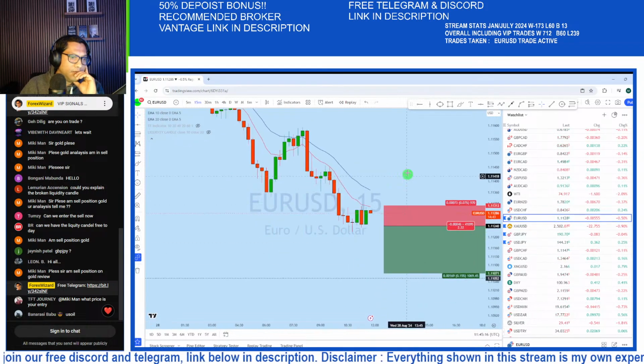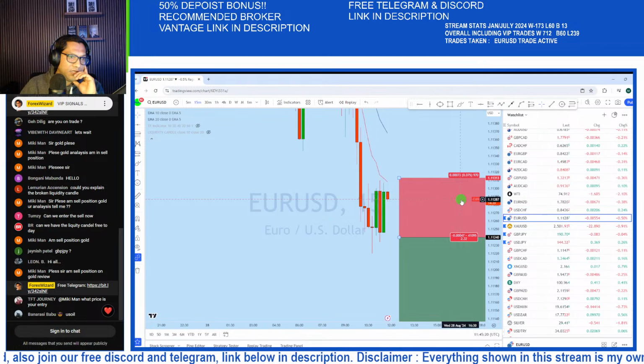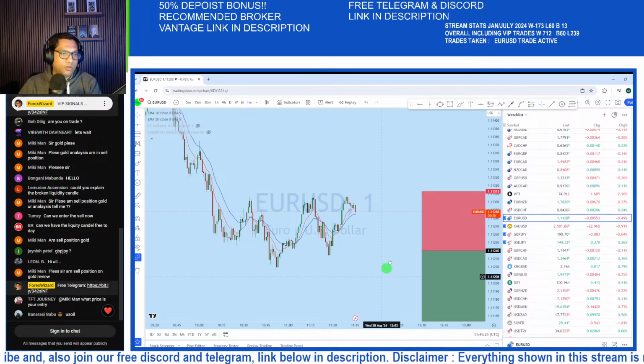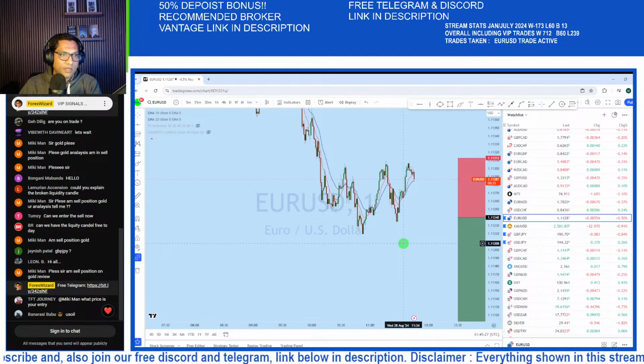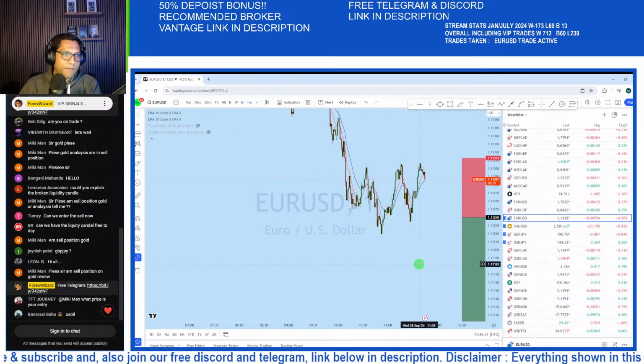The euro dollar is breaking below, so we see some downside pressure, expecting it to break the support again. Let's see if it does, then we might see a complete break.